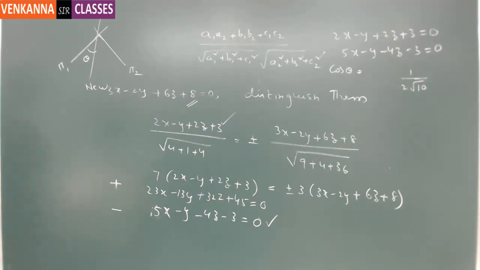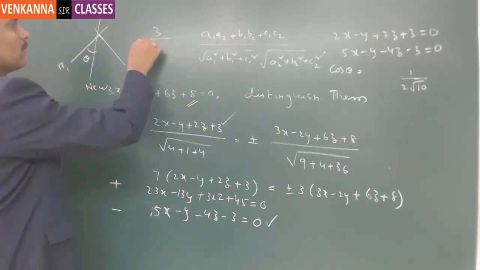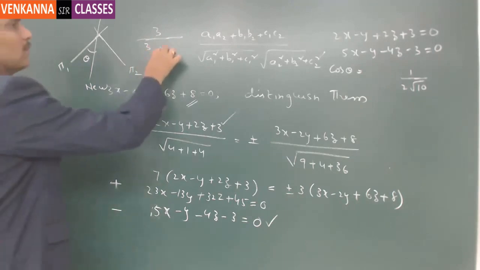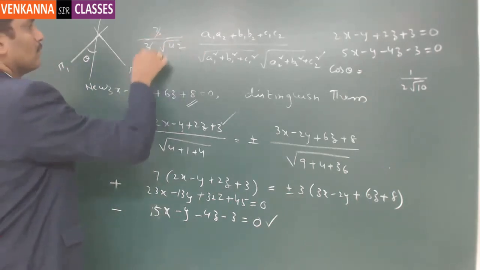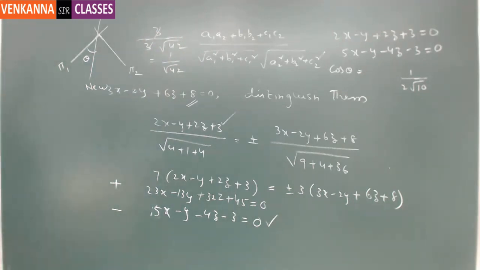So a1, a2 plus b1, b2 plus c1, c2, if you apply, the value is 3. One by root 42 is the value. Yes, not 1 by 2 root 10, right?